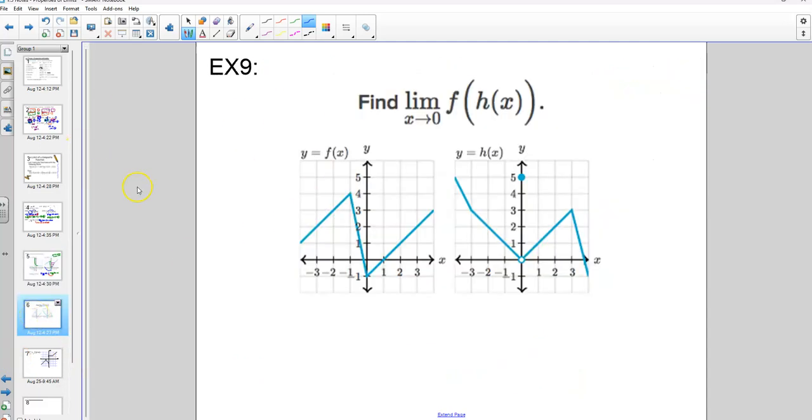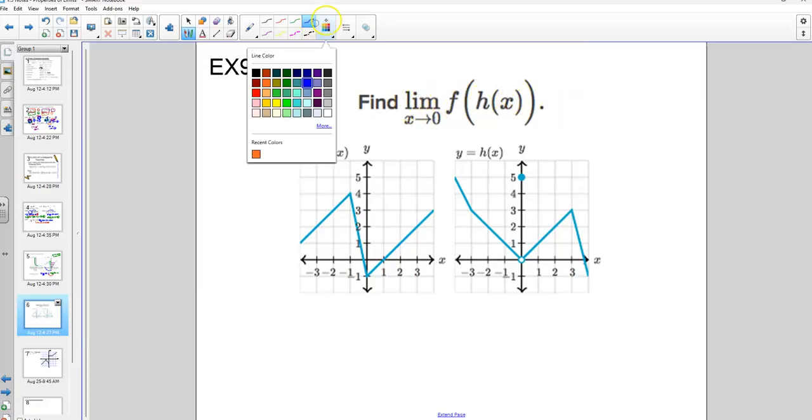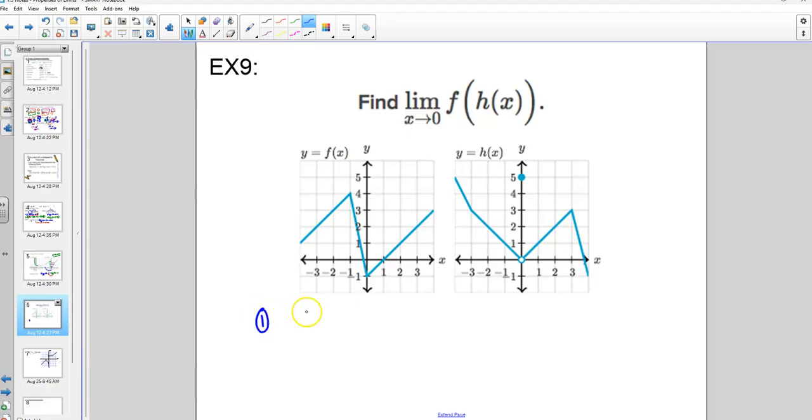Let's look at a couple more like this. So if I'm doing the limit as x approaches 0 of f of h of x, the first step would be to do the limit as x approaches 0 of h of x. So start with the inside. H of x is over here. What is my limit as x approaches 0?